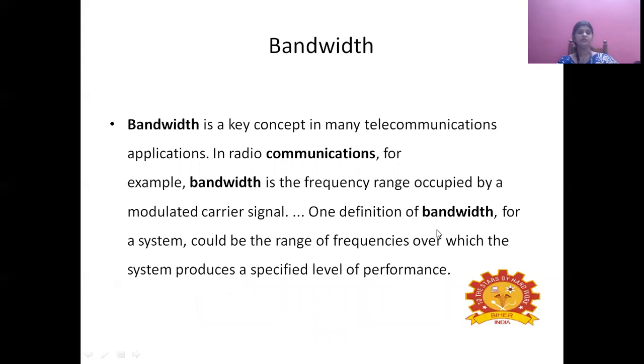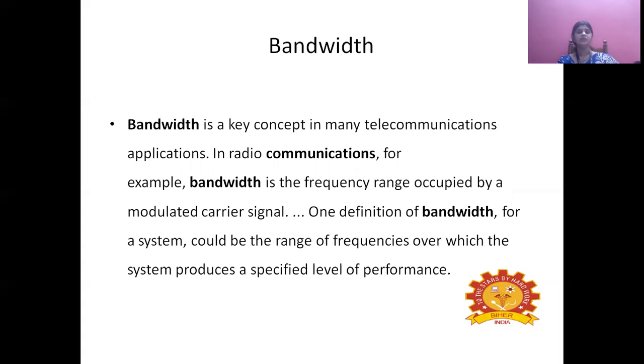Next, bandwidth is a key concept in many telecommunication applications. In radio communications, bandwidth is the frequency range occupied by the modulated carrier signal. The definition of bandwidth is the range of frequencies over which a system produces a specified level of performance.